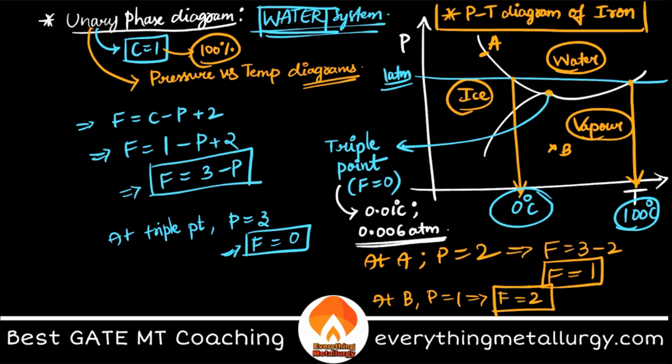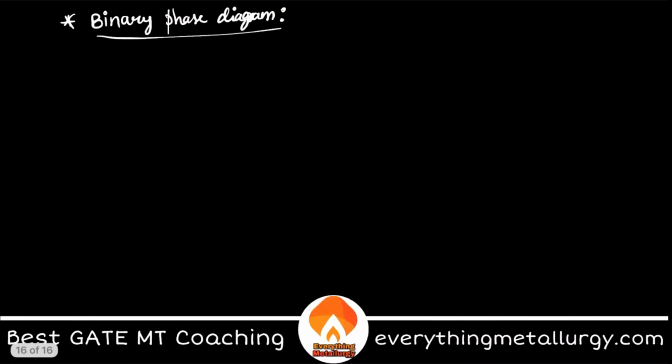Okay, so quickly let's move on to the binary phase diagram. From the classification itself, you have to know that C equals 2. When the components are 2 only, we call it a binary. Here it is important to see how you will be using it.